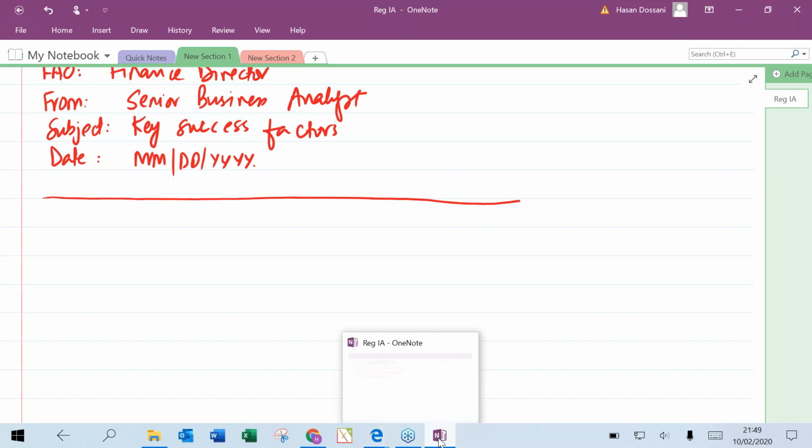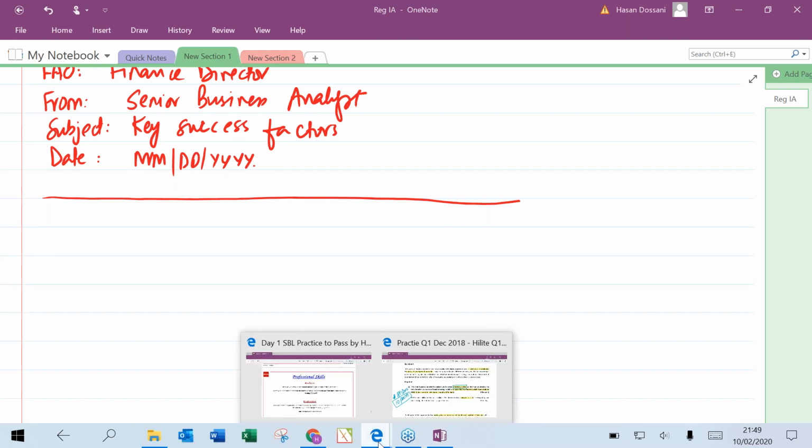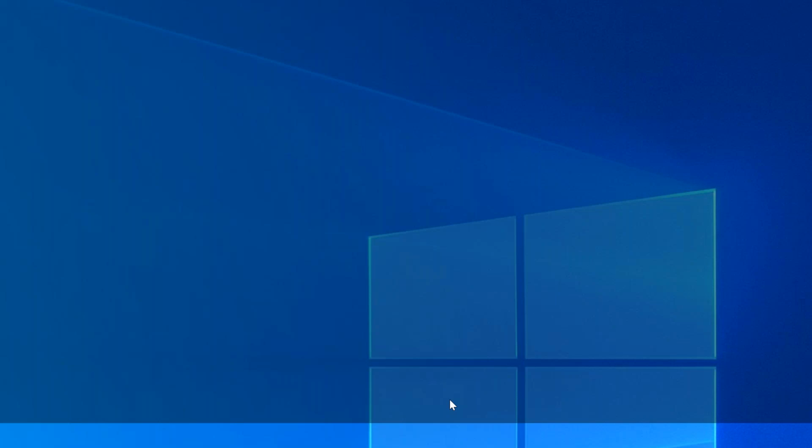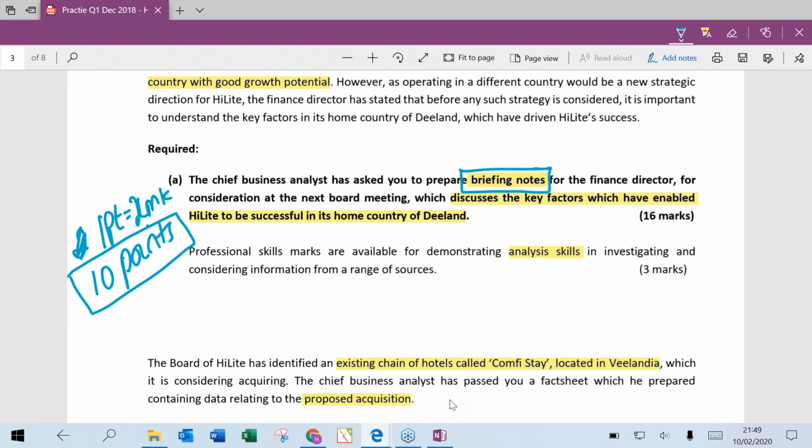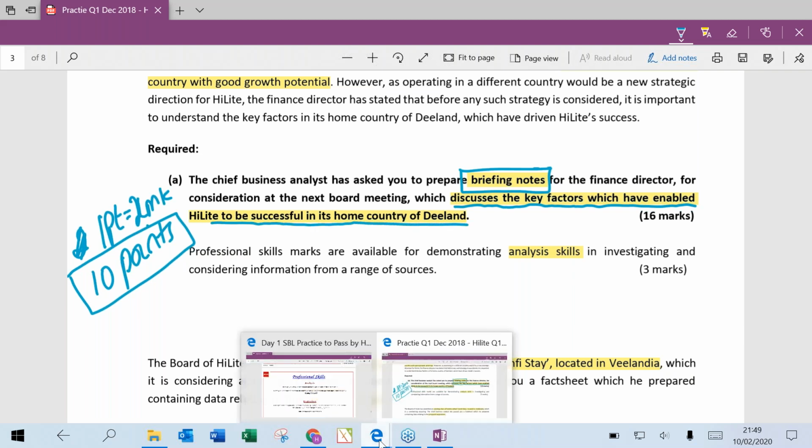Again, do not create something on your own. Just pick up the introduction para from the paper. Just copy paste the key wordings from the requirement. So I would say this briefing notes discusses the key factors which have enabled highlight to be successful in D-land. As simple as that.